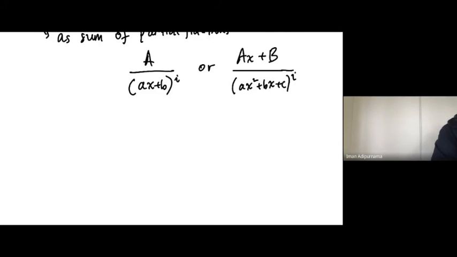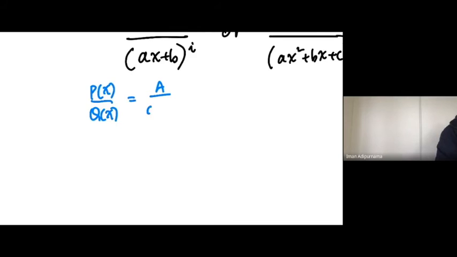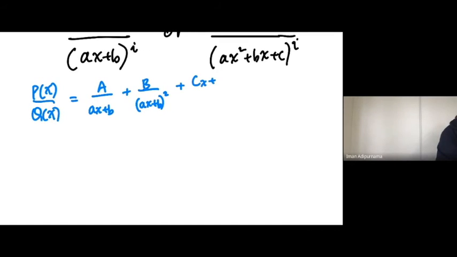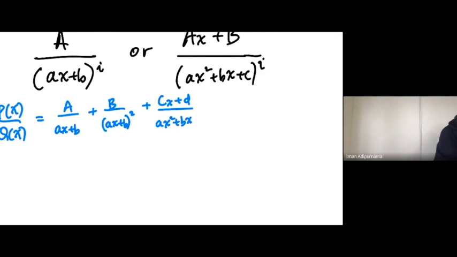This is really important. So if you have p(x) over q(x), for example, this is just my example, maybe this is ax plus b, and then plus b over the same thing squared, and then maybe cx plus d, and then this is ax squared plus bx plus c, but maybe with a different letter, maybe e.